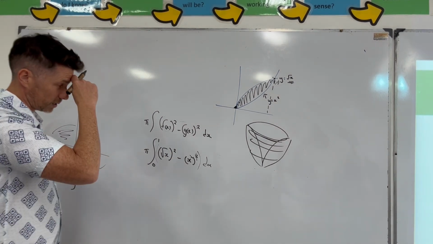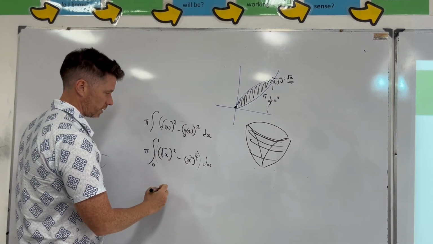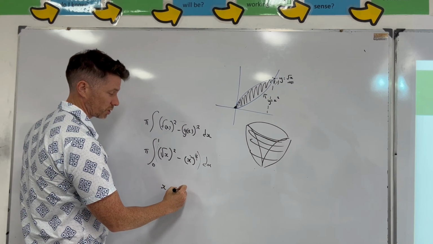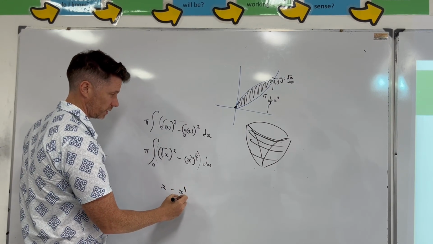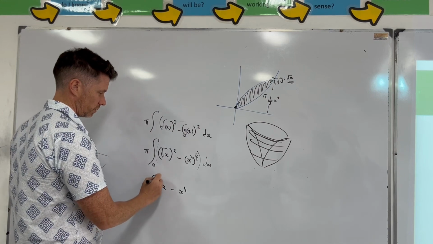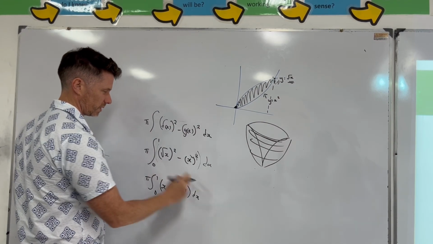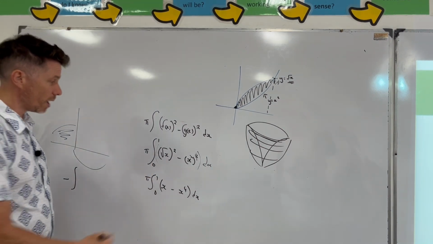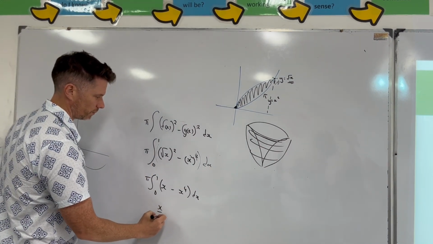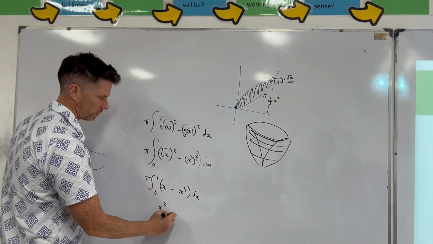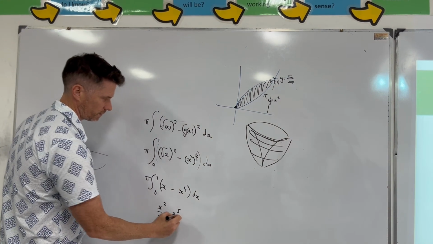Okay. All right, so let's square this out. So we get x minus x squared, squared, which is x to the power 4, I think. I still haven't integrated it yet. I'm still going to do that in a second. So I've just squared both of them. Does that make sense? Yep. And now I'll integrate. So I get x squared over 2 minus x to the 5 over 5.